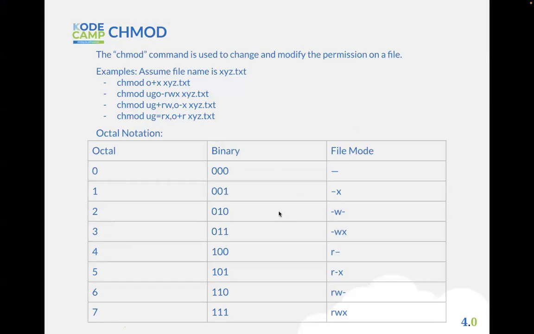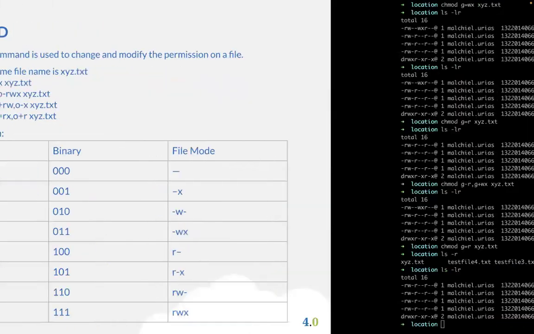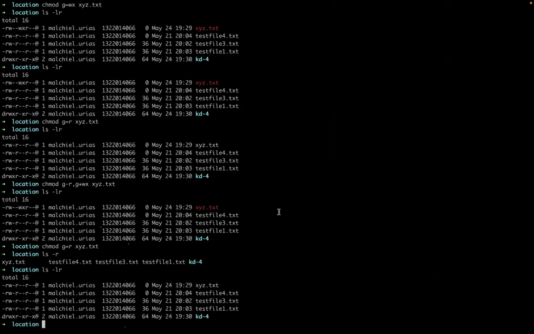It's almost 8 o'clock. So now, we have user, we have group, and we have others.